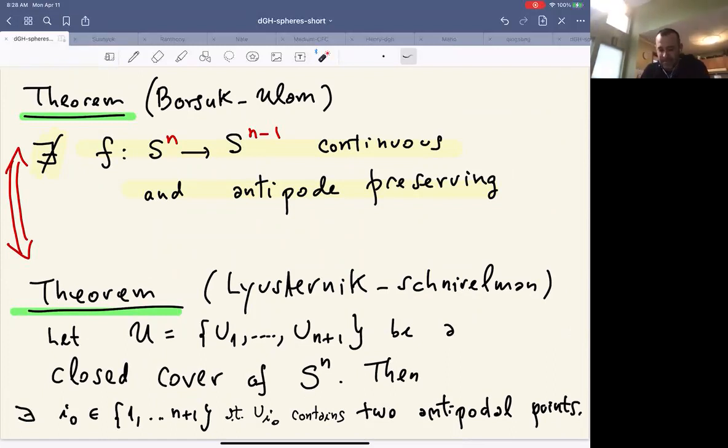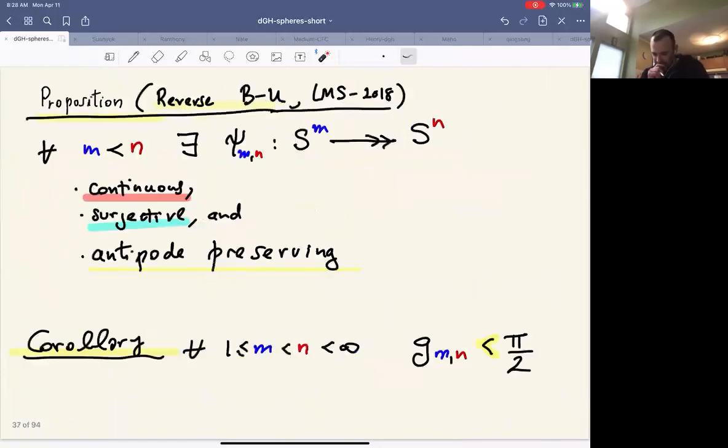Borsuk-Ulam tells me that I will not be able to find a continuous and antipode-preserving map from a sphere to a lower dimensional sphere. But then at some point we realized that we could prove something we can call a reverse Borsuk-Ulam theorem, which yields a map from a lower dimensional sphere to a higher dimensional sphere, which is surjective, continuous and antipode-preserving.